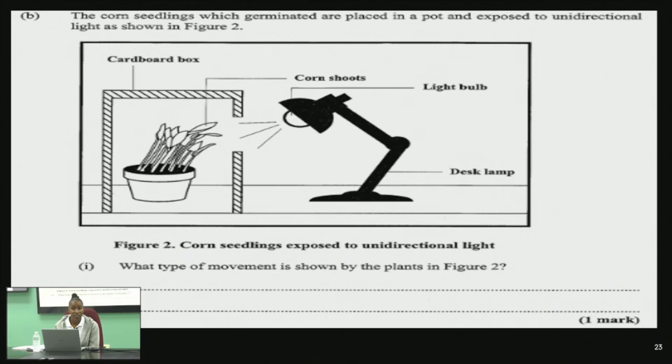So our hypothesis could be that our light source will affect the direction that our plants will grow, or our light source will cause our plants to grow towards it, or our plants will grow towards our light source. All right?